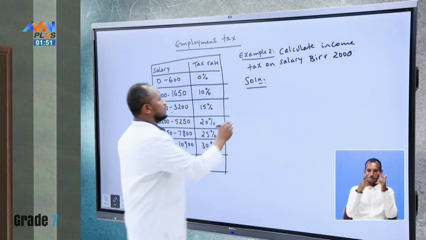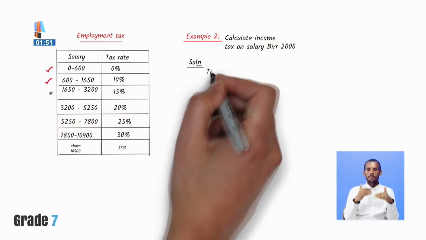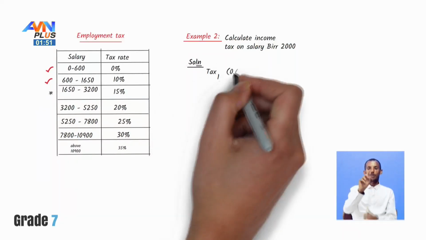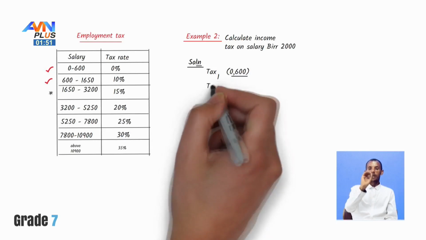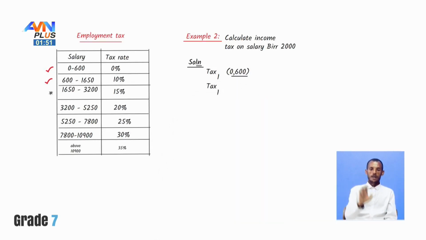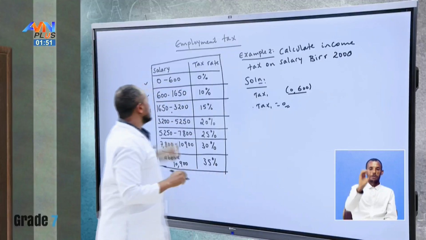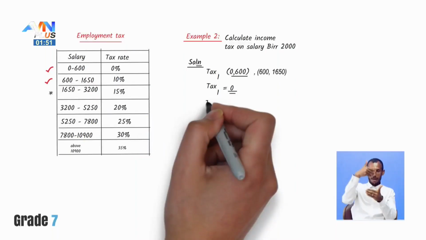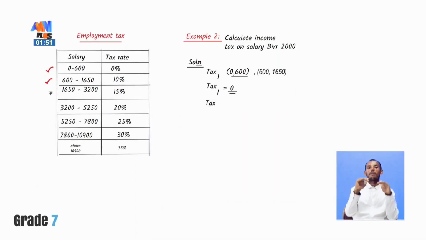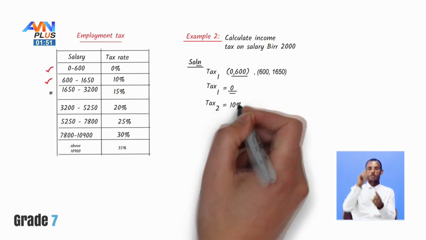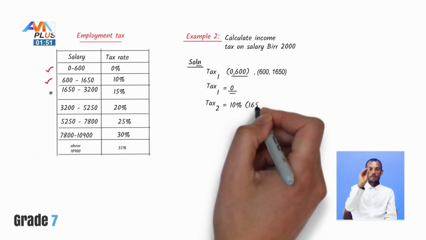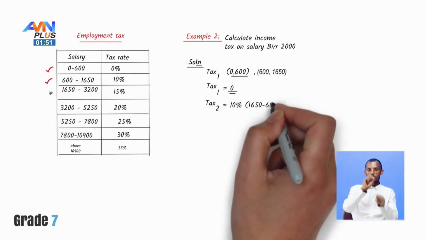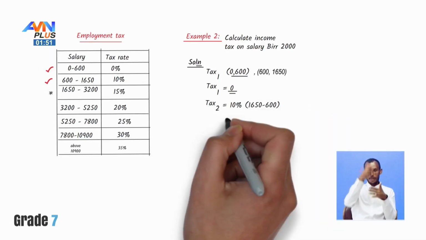On the first interval, tax 1, let's say, is for the interval 0 to 600. For this interval, tax 1 will be 0. It's 0%. So for this interval of income, no tax will be paid. Next, the second interval is from 600 to 1650. So on this interval, the tax paid will be 10%.